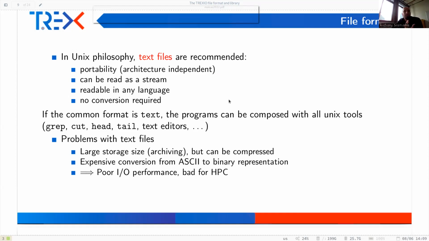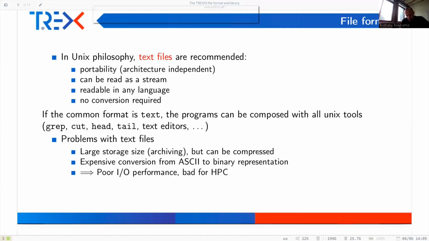And so the problem with text files is usually the storage is quite large compared to binary, but we can use compression, so this is not really a problem. But the major problem for what we do is that the conversion from the ASCII text format to the binary representation is quite expensive.